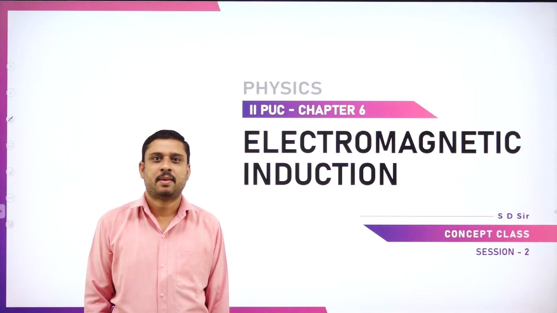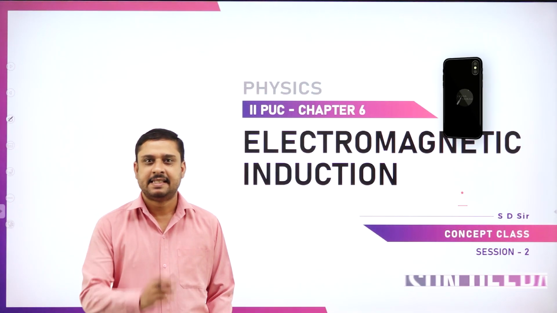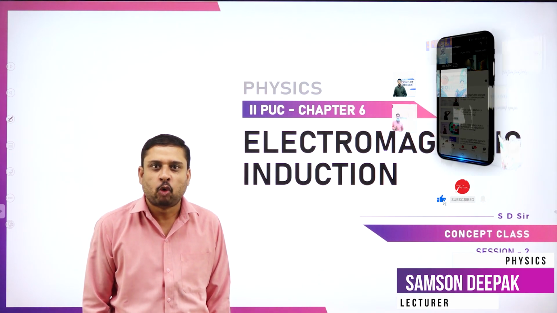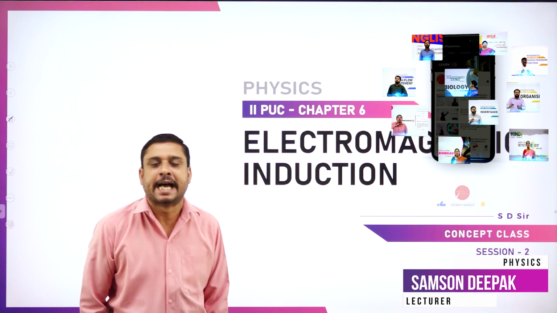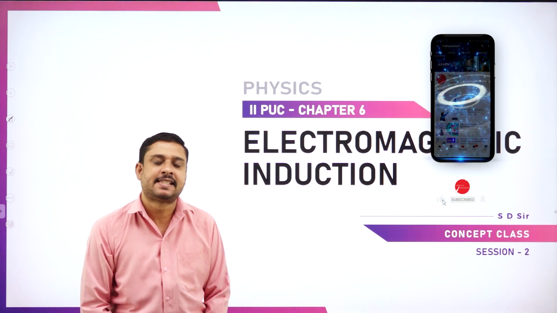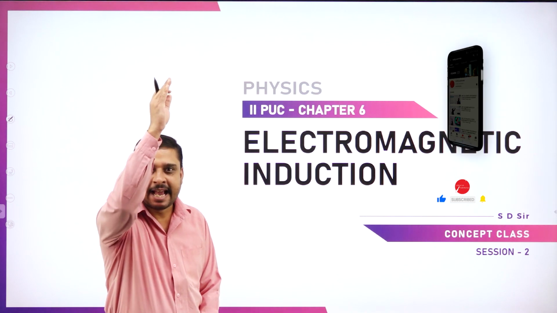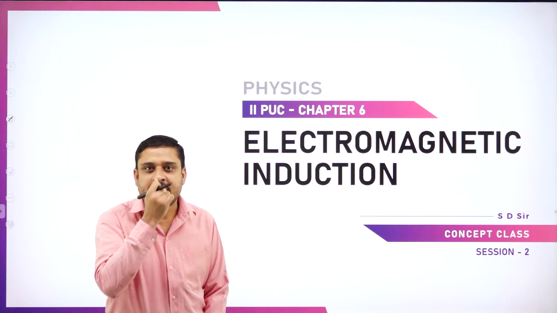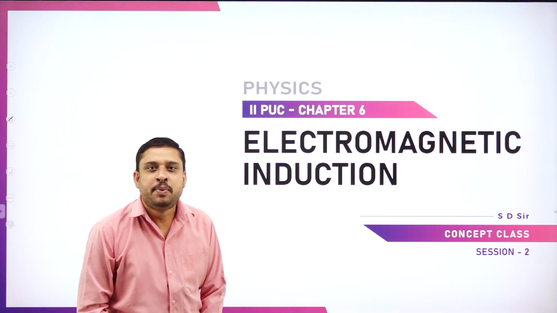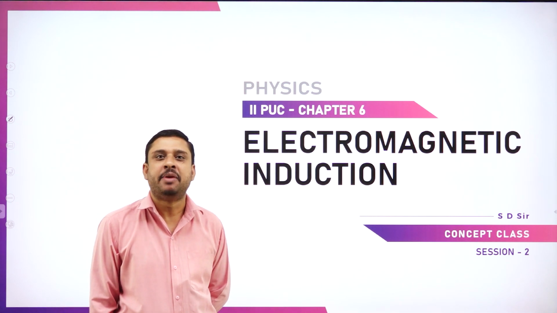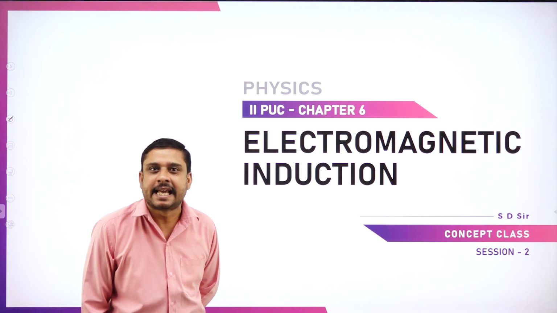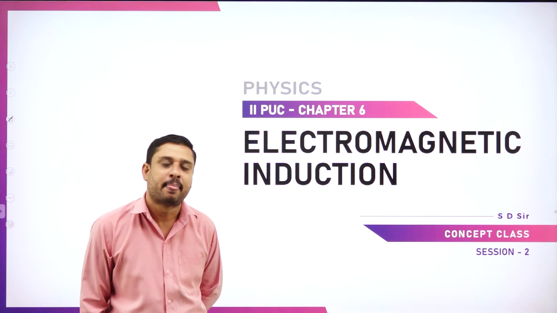Hello students, this is our second session on the topic electromagnetic induction. What did we learn in that previous session? We understood the physical meaning of a very beautiful phenomenon called electromagnetic induction.